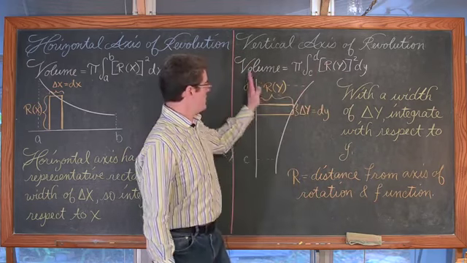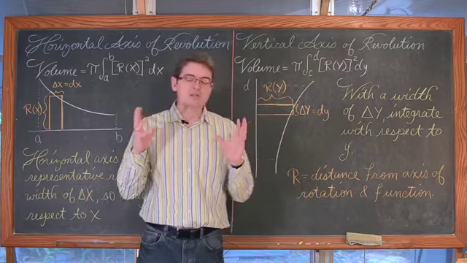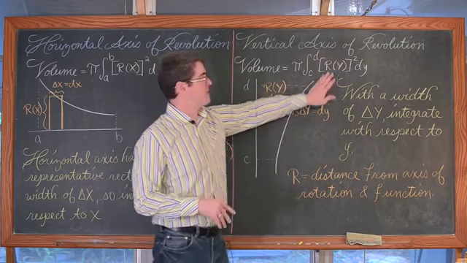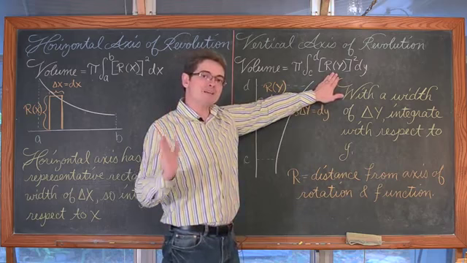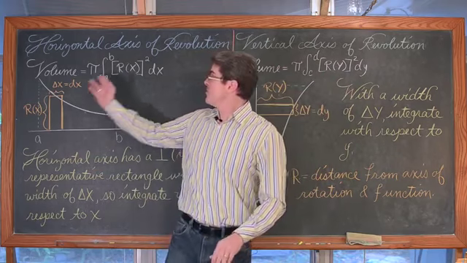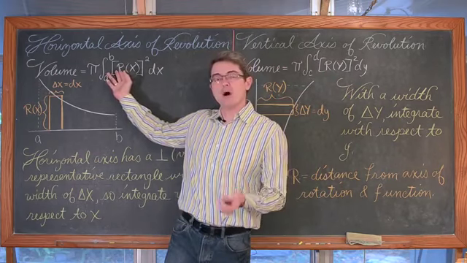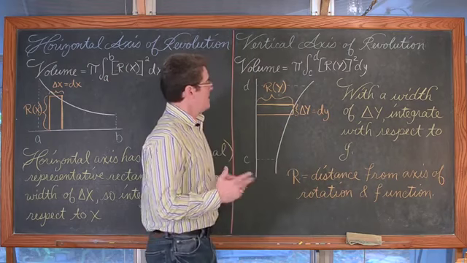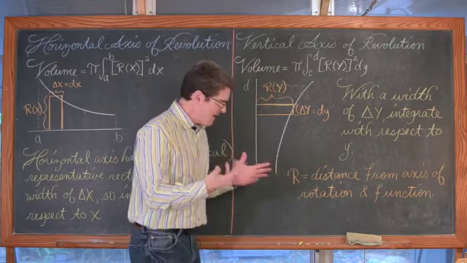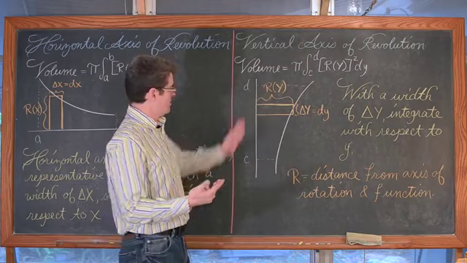So when we rotate a solid around a vertical axis, we have to make sure that our function is x in terms of y, as opposed to over here where our function is y in terms of x.